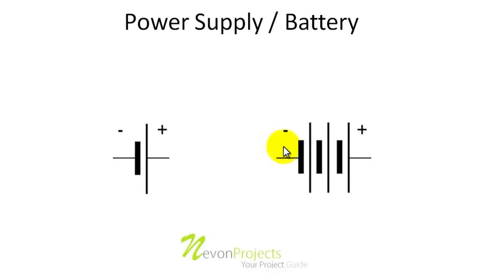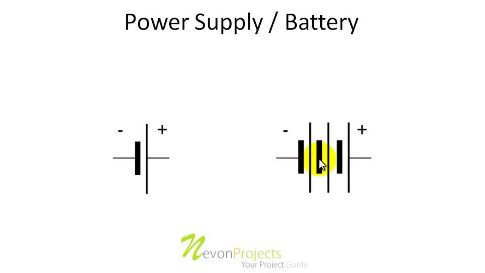So this is how a battery is symbolized, that is, from the negative to positive, a battery is connected to the negative of the other one. That means the positive of a cell is again connected to the negative of another cell, and similarly other cells are also connected.